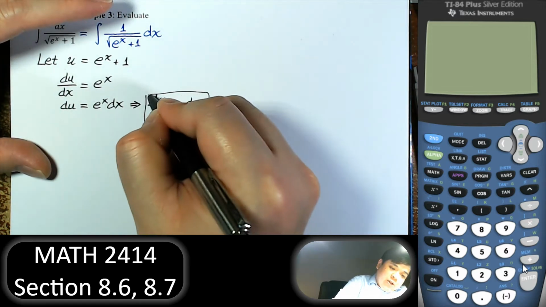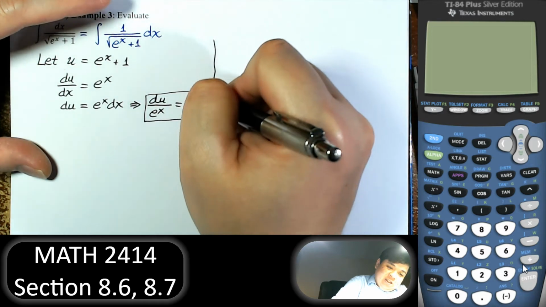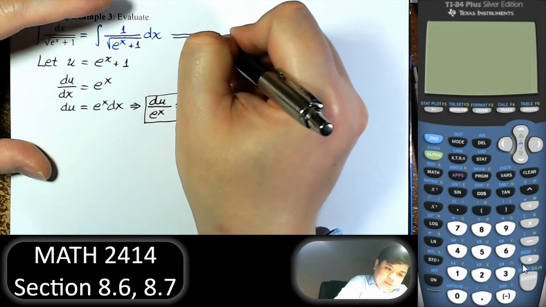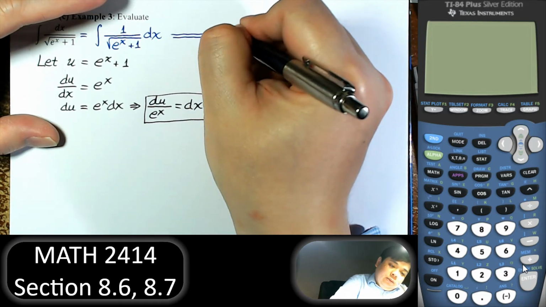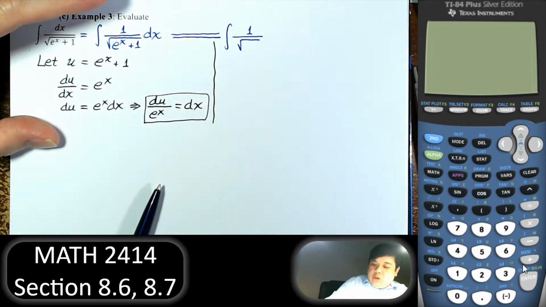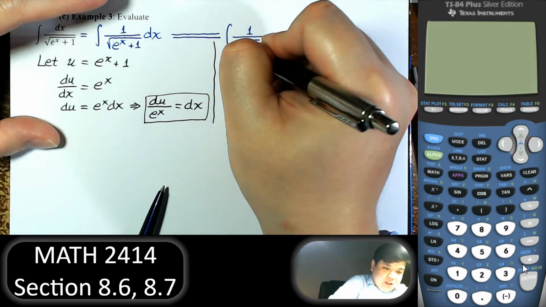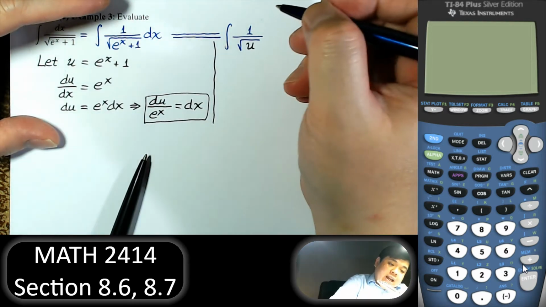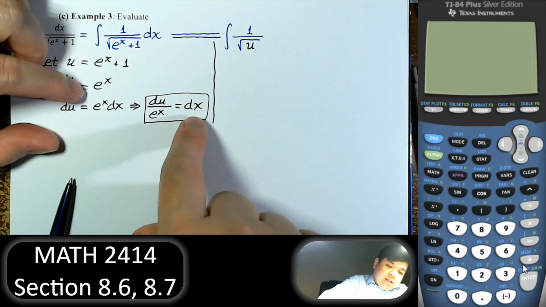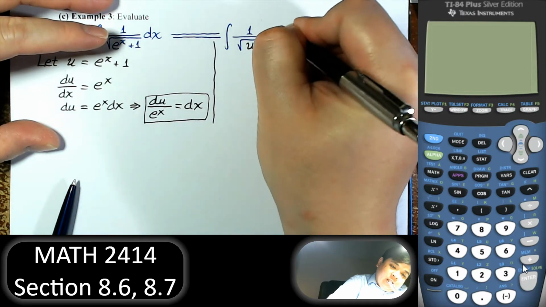So we can do the substitution. e to the x plus 1 is u, and then dx. dx is du over e to the x.